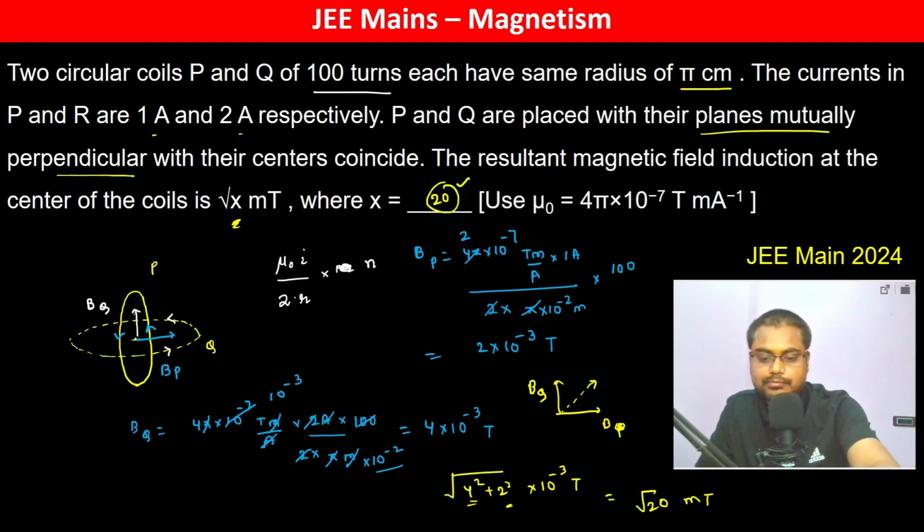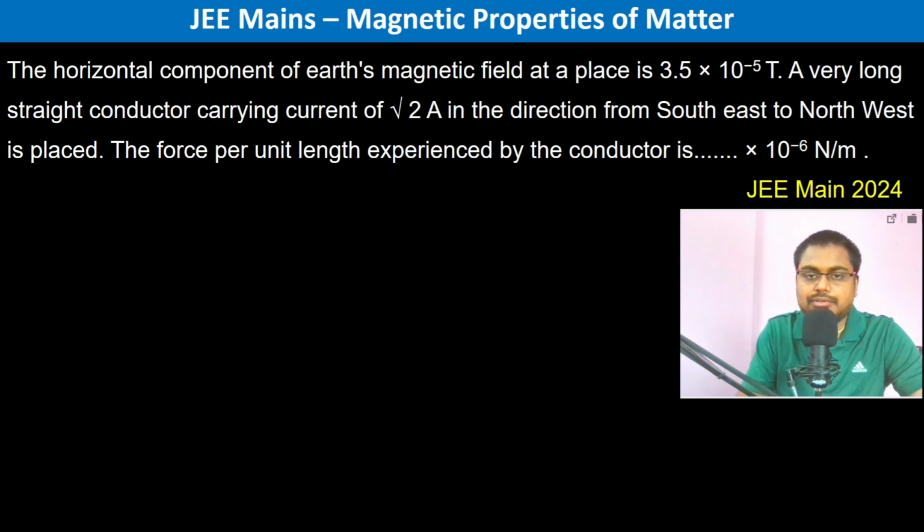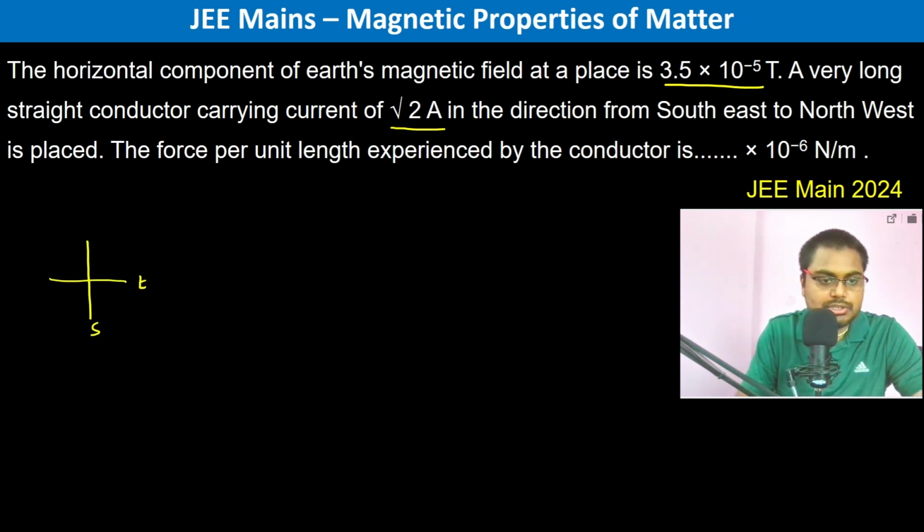A horizontal component of the Earth's magnetic field is this much. A very long straight conductor carrying root 2 ampere in the direction from southeast to northwest is placed. So this is southeast. Let us mark the directions. This is south, east, north and west.